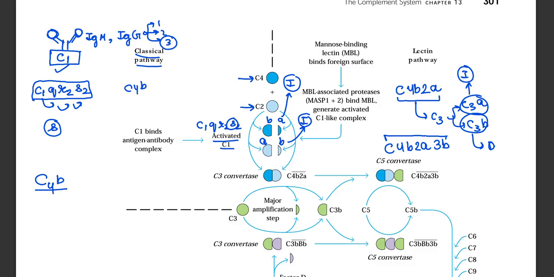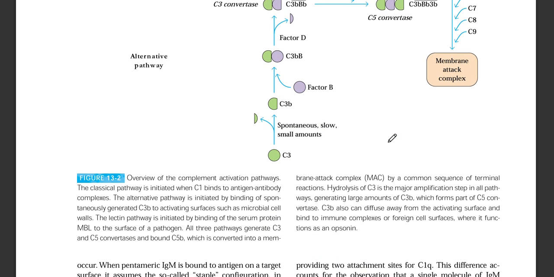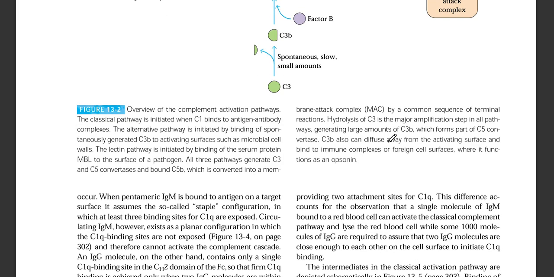It will activate C5 and it will be called C5 convertase. So now it will activate C5 and the C5 will be cleaved into C5A and C5B. Now this is a very important inflammatory agent. We also have a common name for this.